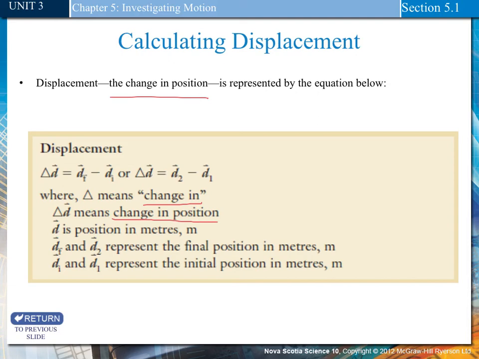Then we have just D with the arrow on top, which means our position, and it's measured in meters. D_f or D2 with the arrow on top means final position, and it's measured in meters. D_i or D1 with the arrow on top means initial position, and it's also measured in meters.